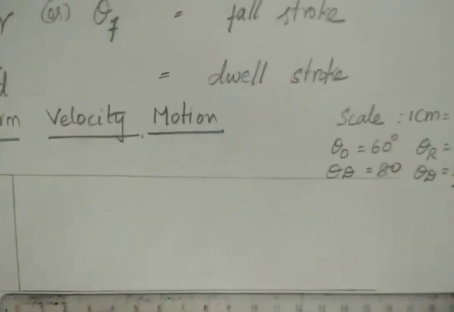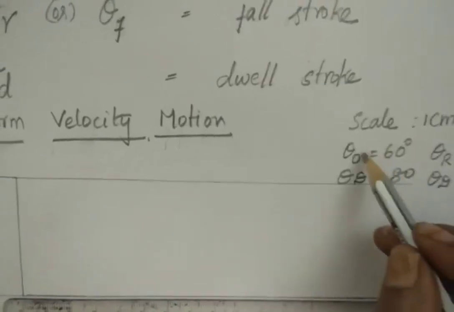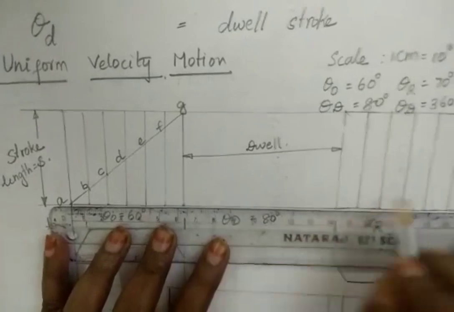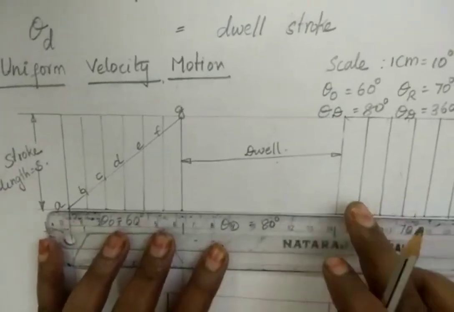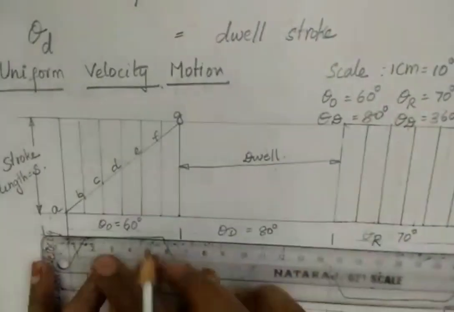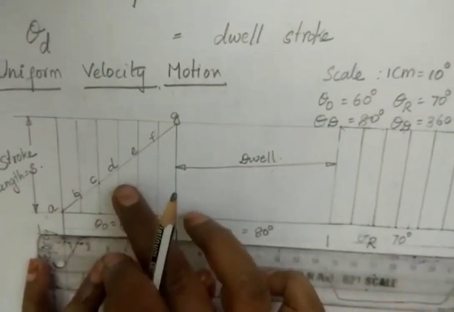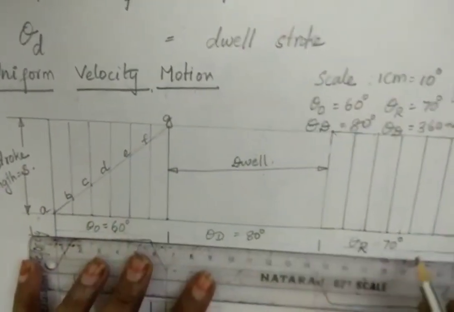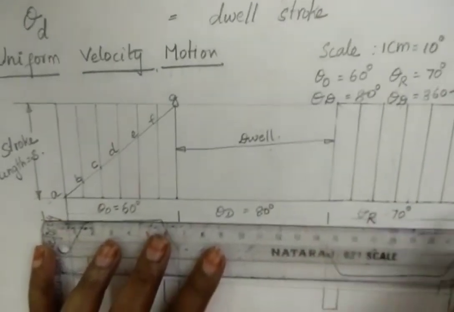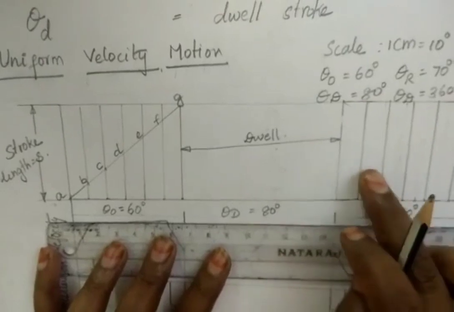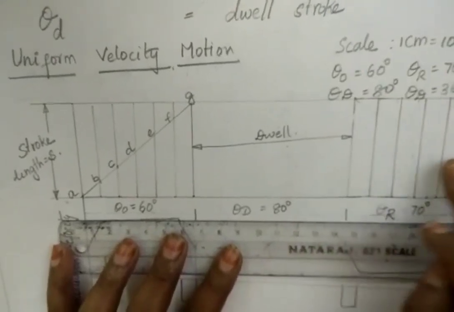Okay. So now initially theta O, I am giving that, after dividing into an even number of parts. You just see here theta O is 60 degree, and I made 6 parts: 1, 2, 3, 4, 5, 6. And theta R is 70 degrees. 70 means 7 centimeters, 7 divided by 6. Again you have to make it 6 equal parts: 1, 2, 3, 4, 5, 6.